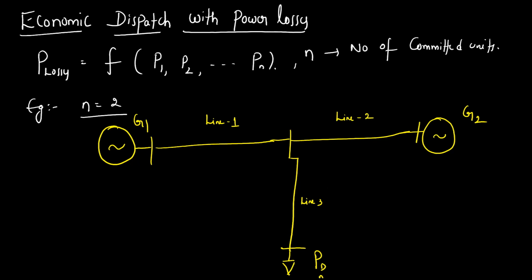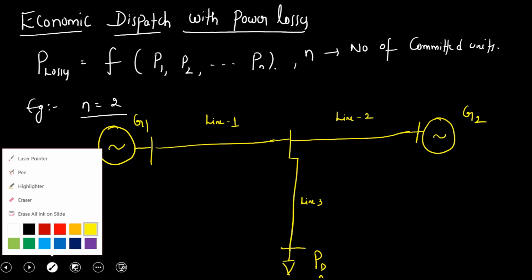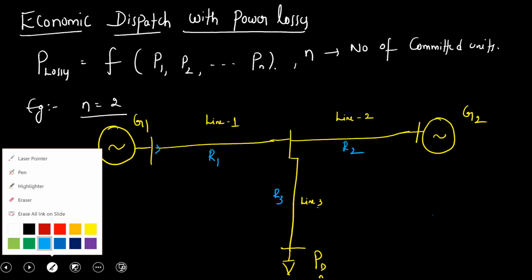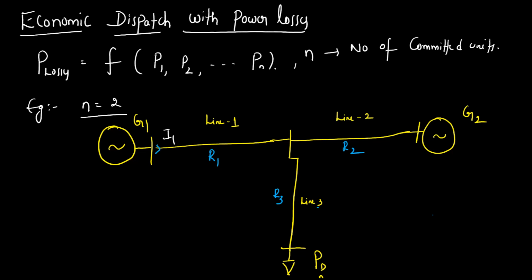Now let the resistance of each line be R1, R2, R3. Let us call the current flowing here I1, I2, and here the total current will be I1 plus I2. Okay, have you understood so far?